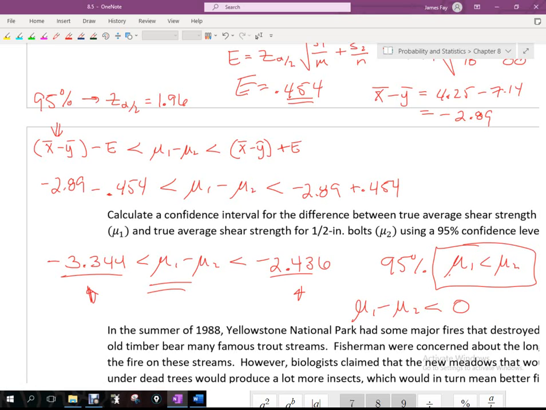That tells us the mean of population 1, which was our 3/8" bolts, is less than the mean of population 2. Does that kind of make sense to you? To me, it's telling me that the shear strength for population 1 is less than that of the shear strength for population 2. Does that make sense to everybody?